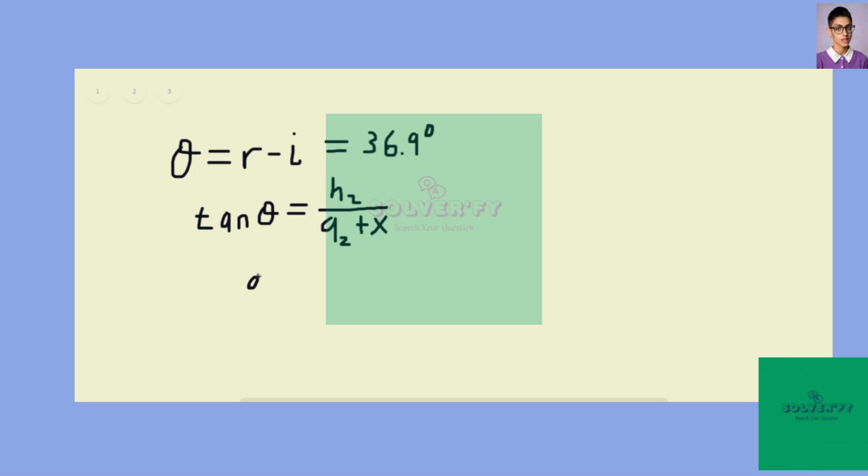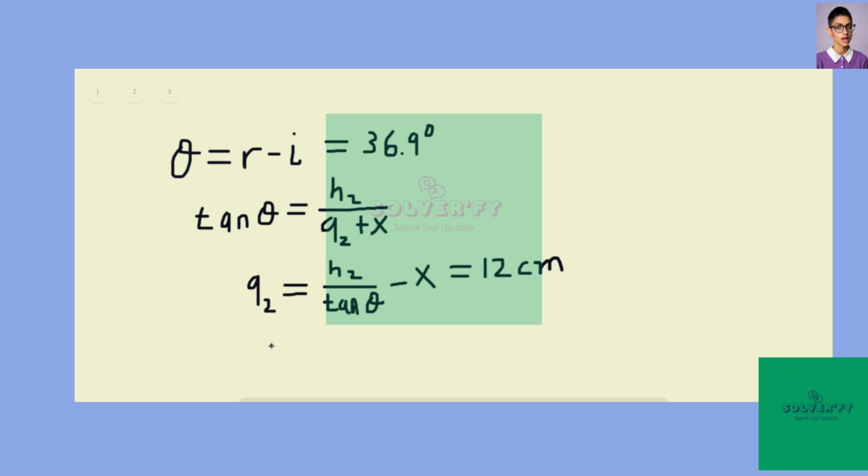So q2, solving for this, is equal to h2 divided by the tangent of theta minus x, which is the thickness of the lens, or 4 centimeters. So we find that q2 is equal to 12 centimeters.